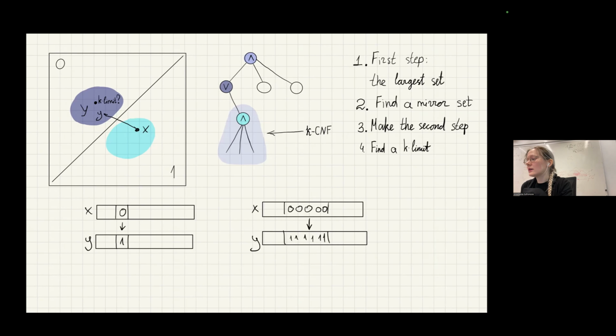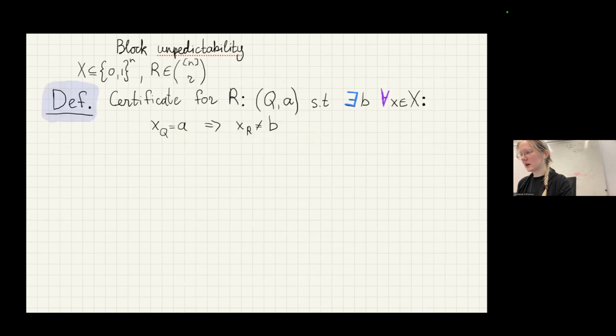But to do this, we would need some kind of block unpredictability for several bits. So let me try to define it now. This is a definition from Mir and Victorson. They also had some kind of block unpredictability with slightly worse parameters.